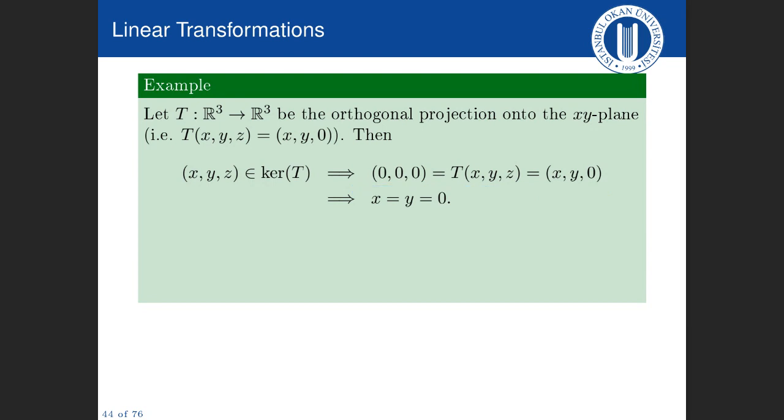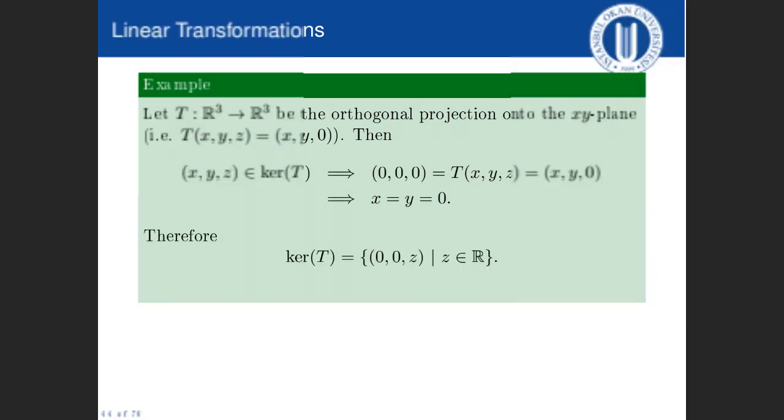So we're trying to find the x, y, and z so that (x, y, 0) is equal to (0, 0, 0). So x must be 0, y must be 0, and z can be any number. That means the kernel of T is the space containing all of the vectors of the form (0, 0, z).